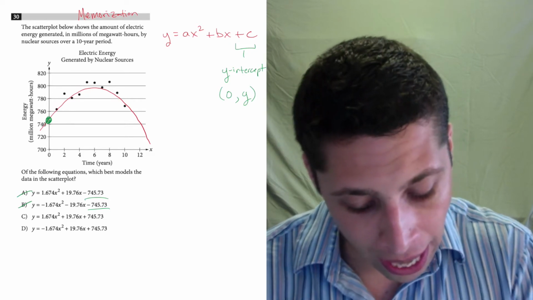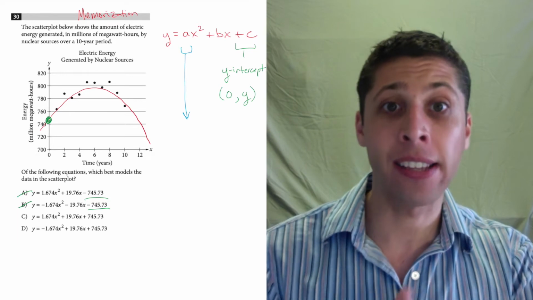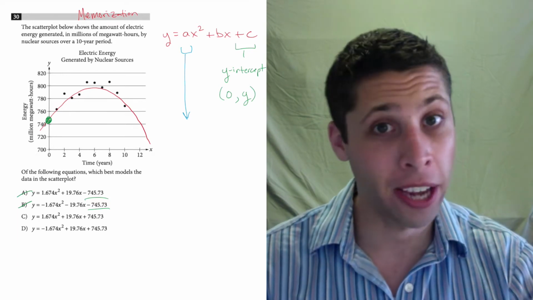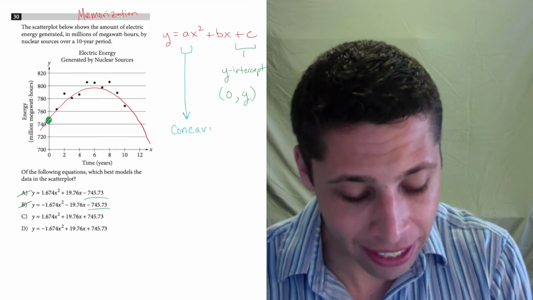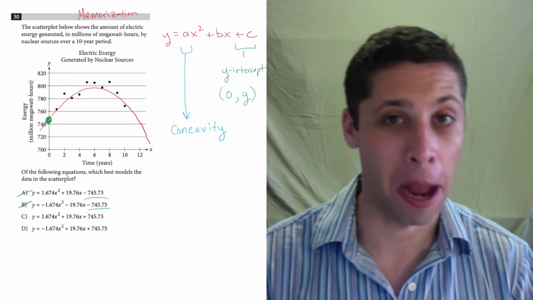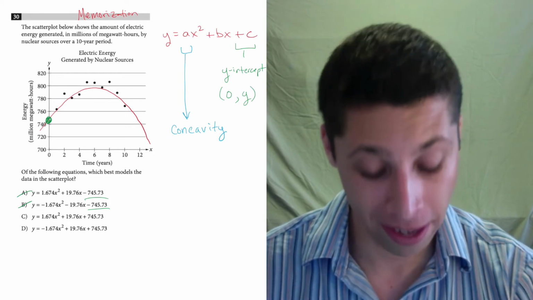Now we should look at A. A, if you've taken pre-calculus or calculus, tells us what's called the concavity of the parabola. But if that doesn't make any sense to you, don't worry about it. I'm going to put it in a much simpler way.